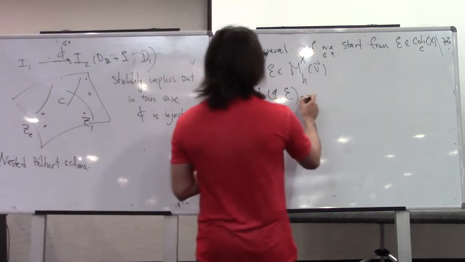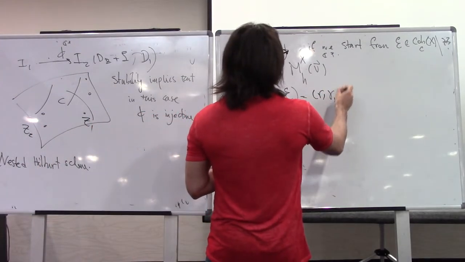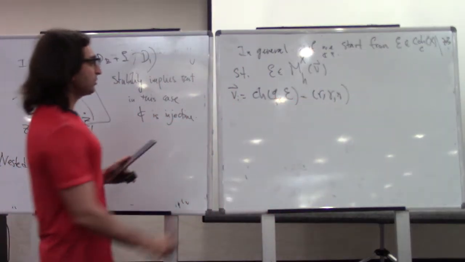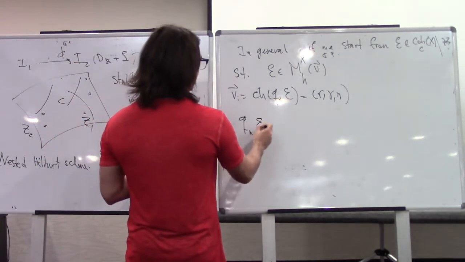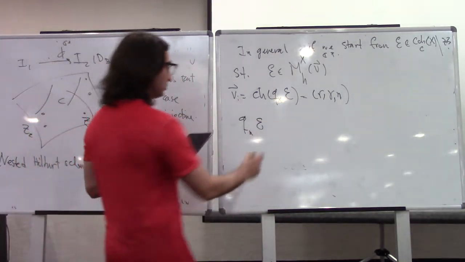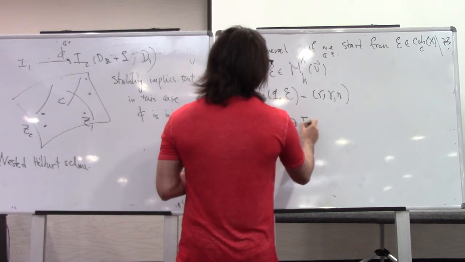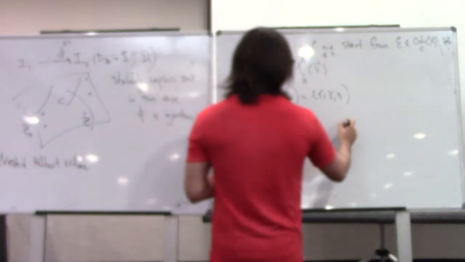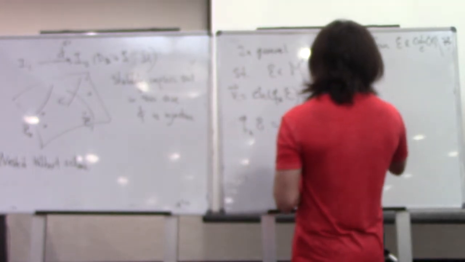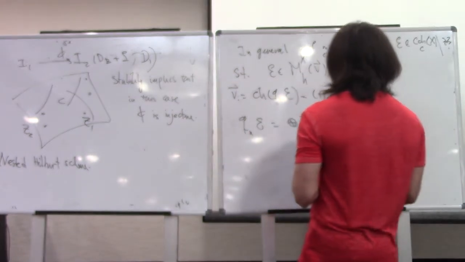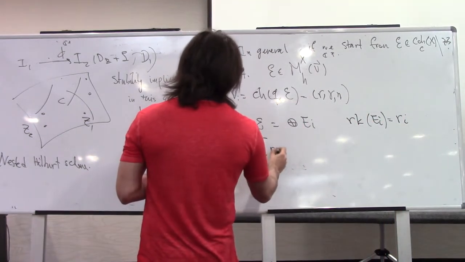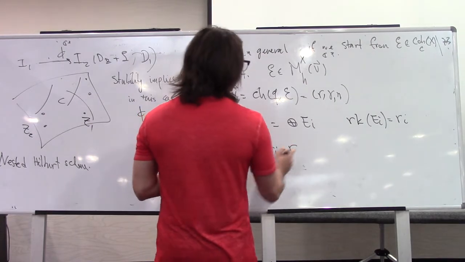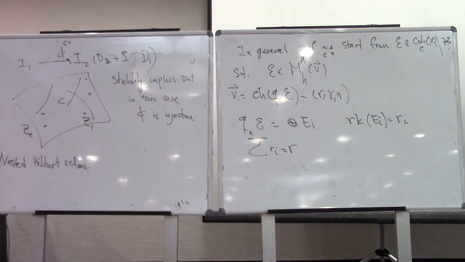This was given by R gamma n. In general, after you're pushing forward your sheaf, you will get some sum of modules exactly like that. And each module has rank, let's say rank Ri, and the sum of the ranks, of course, will be the rank of the original sheaf over its support.